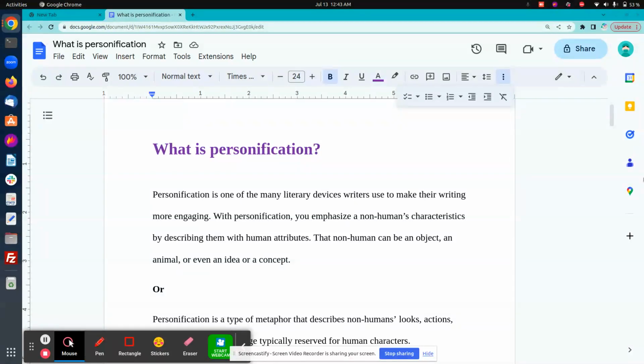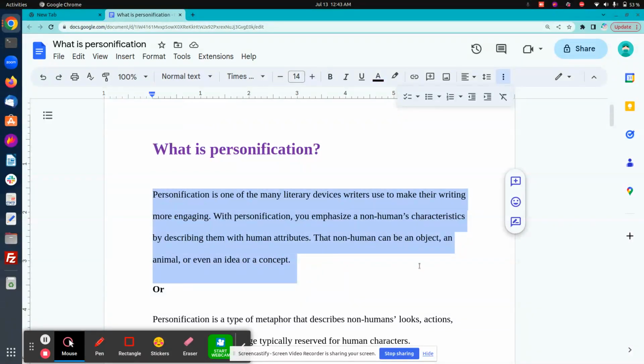So what is personification again? It is one of the many literary devices writers use to make their writing more engaging for the readers. With personification, you emphasize a non-human's characteristics by describing them with human attributes.